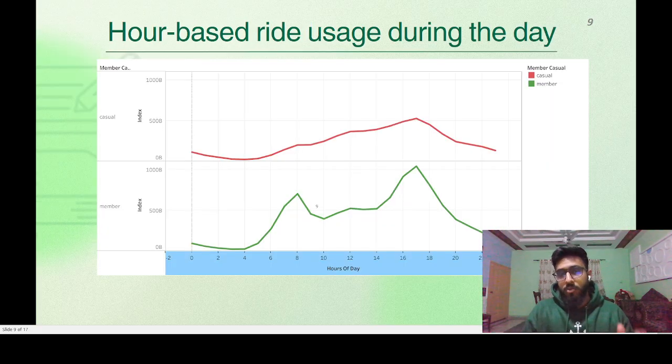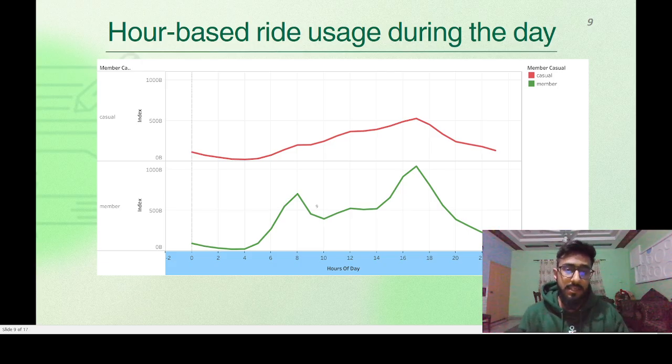So moving on, we can see the hourly based analysis for both membership riders and casual riders. Now, this is where we see some interesting trends in the data.